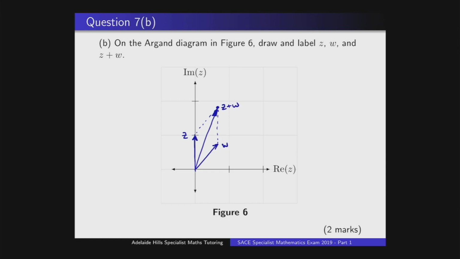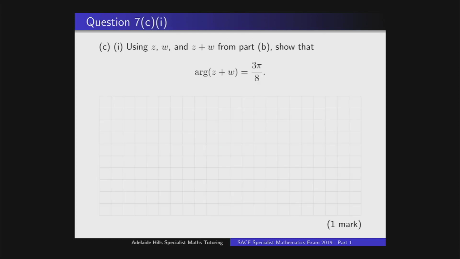You can see z plus w is calculated pretty much like you would do a vector calculation, right? You're just adding the real and imaginary parts of z and w together, and we'll see what that looks like in the next part of the question. So that's zw and z plus w sketched and labelled on the diagram there.